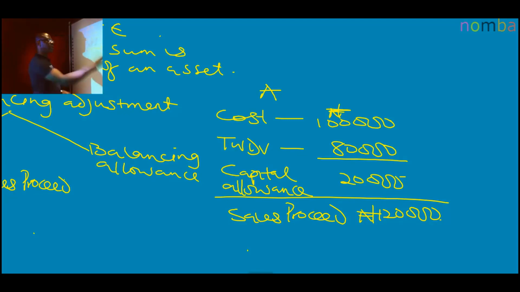What will I do? I will compare the TWDV to the sales proceed. Here, the TWDV is 80, the sales proceed is 120. And where the sales proceed is higher than the TWDV, or put it the other way, where the TWDV is less than the sales proceed, it results into balancing charge. So, here I will be having a balancing charge of 40. You agree? 120 minus 80. 40, okay?